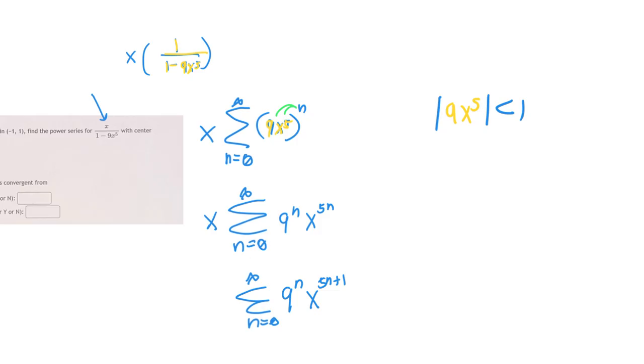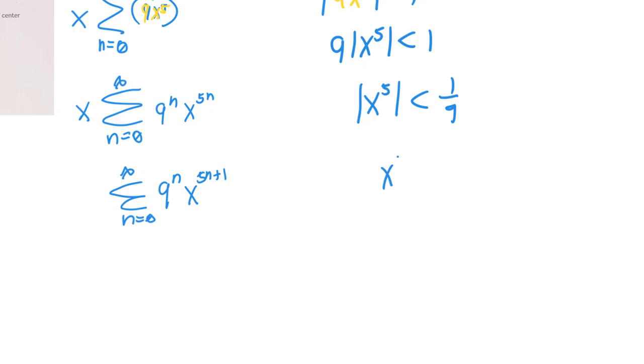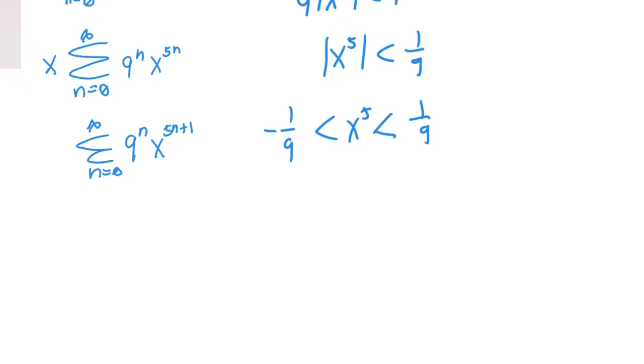That's what we want. So let's see. Of course, the 9 is always positive. We could divide both sides by 9 and drop the absolute value symbols. And I think we all see where this is going. 5th root of everything.